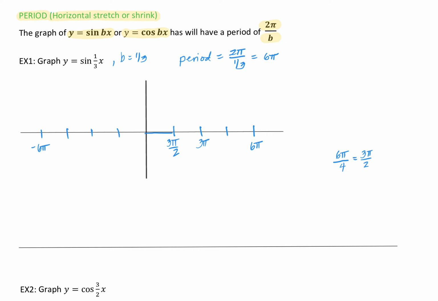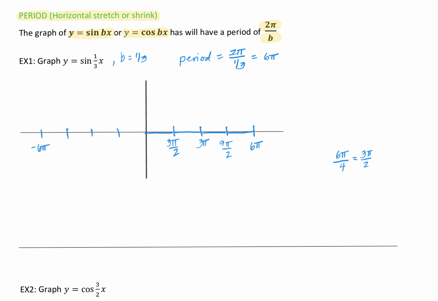So I've gone 1 3 pi over 2, 2 3 pi over 2, which would be 3 pi, 3 times 3 pi over 2, which would be 9 pi over 2, and then 4 times 3 pi over 2 gives me 12 pi over 2, which would be 6 pi.